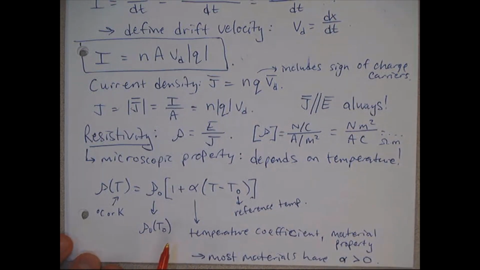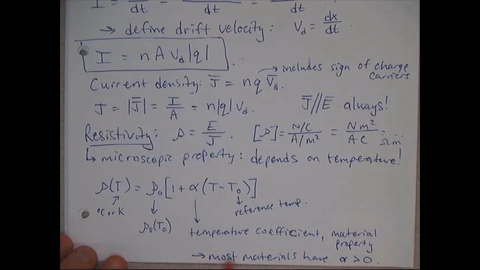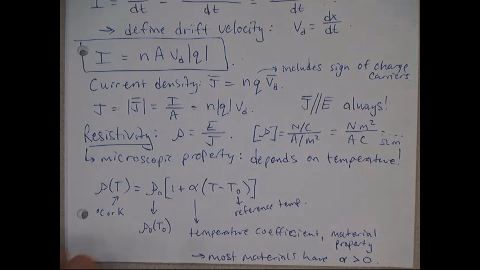And if you've ever burned out a carbon resistor, you've smelled the result of this process at work. If you push a resistor beyond its rated voltage limit for maximum voltage, you're going to burn it out.